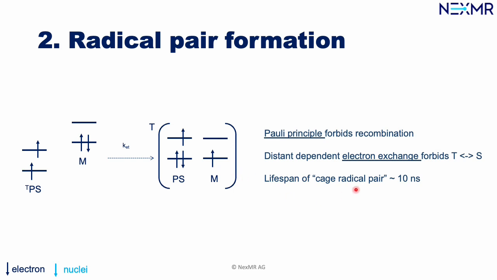So we have this cage radical pair that is actually relatively short-lived, although we have two different charges. We have one that is minus charge, which is the photosensitizer, and one that is plus charge, which is the molecule. But this has a lifetime of about 10 nanoseconds or something in this range.